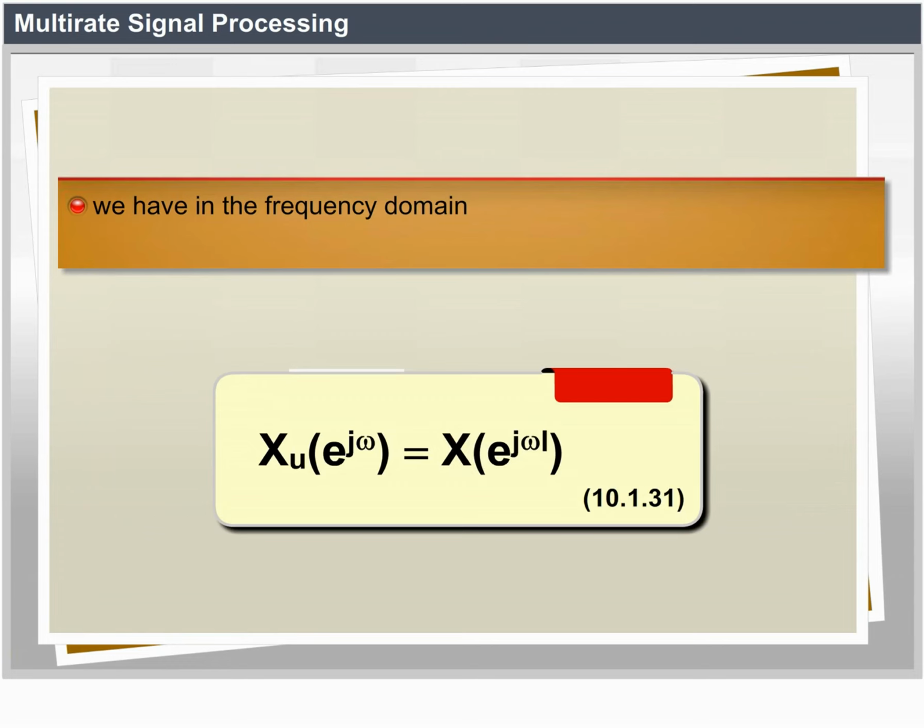The system described by 10.1.30 is called an upsampler or sampling rate expander, SRE.